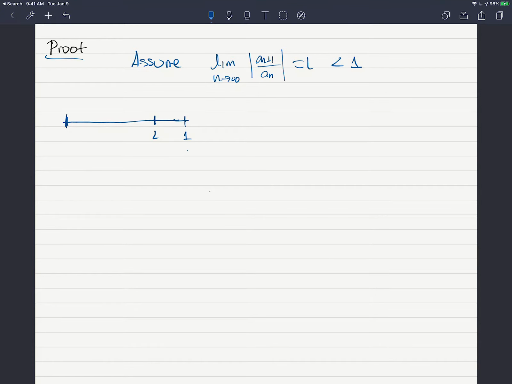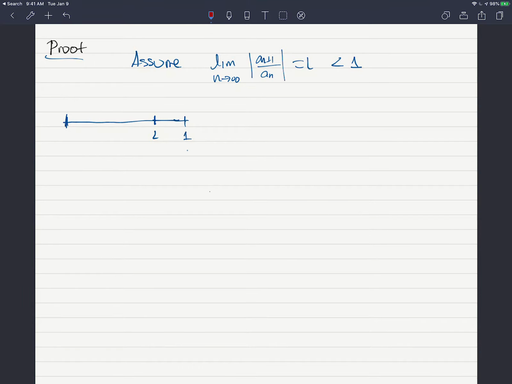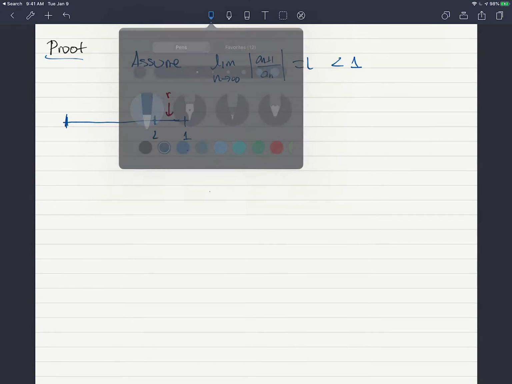The little thing we have to be careful about is that we can assume there's a number R right here. Let's pretend there's a number R. Okay, so L is not 1, but it's less than 1. Sorry, this looks like an L, like a 1.